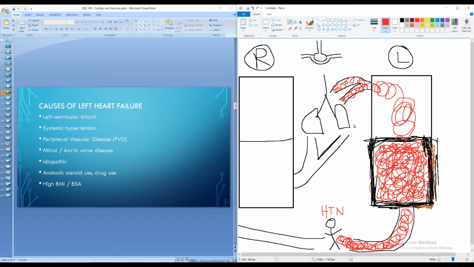There's lots of them, but it's things like arteriosclerosis and all kinds of other things like blood clots and diabetes that can cause peripheral vascular disease.